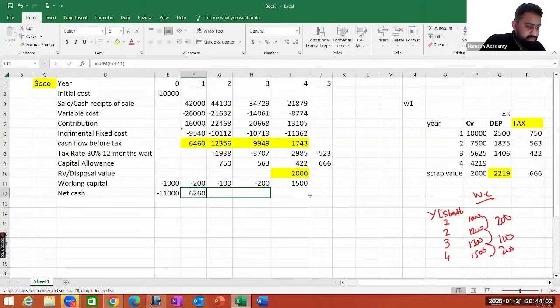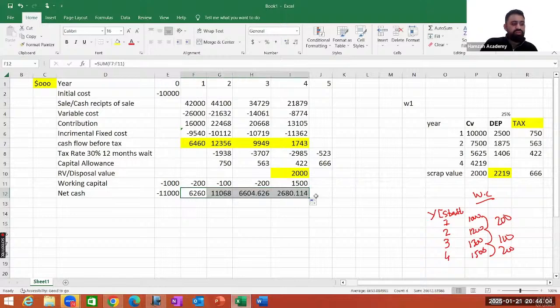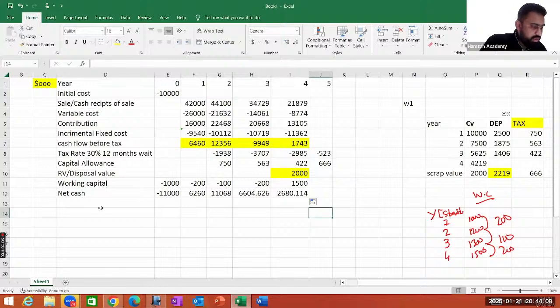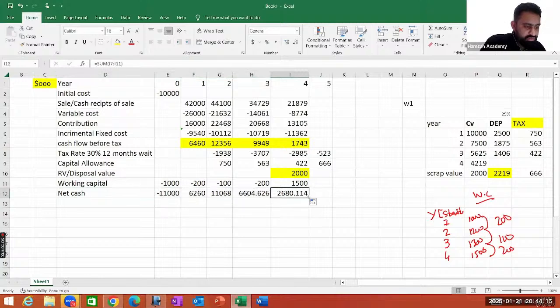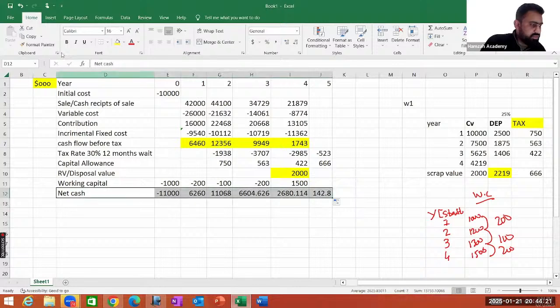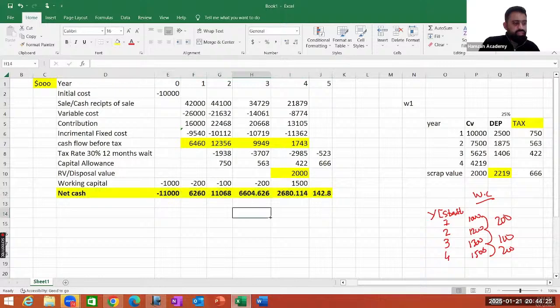Then you just copy and paste the formula and you have the following net cash in this question till year 5. These are the net cash flows at the end of the project.